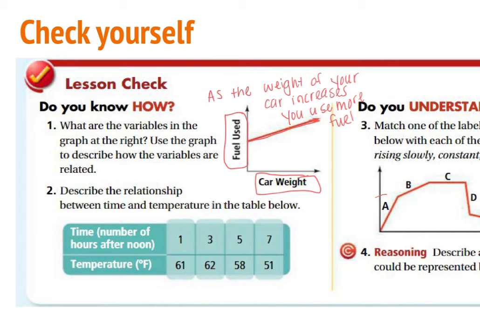All right, number 2, describe the relationship between time and temperature in the table below. So time in the number of hours after noon, we've got 1, 3, 5, and 7. And at 1, the temperature is 61. At 3, the temperature is 62. At 5, the temperature is 58. And at 7, the temperature is 51.